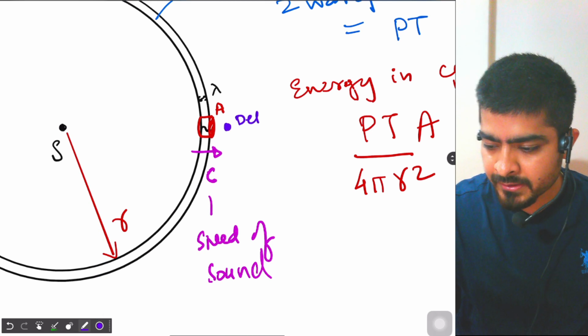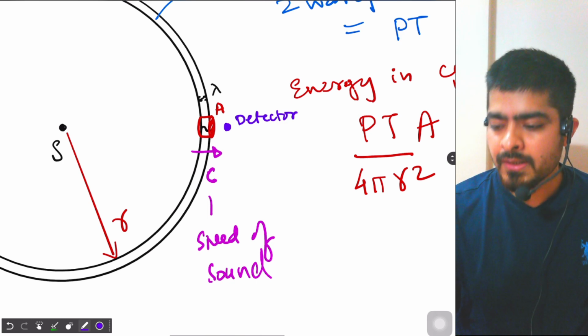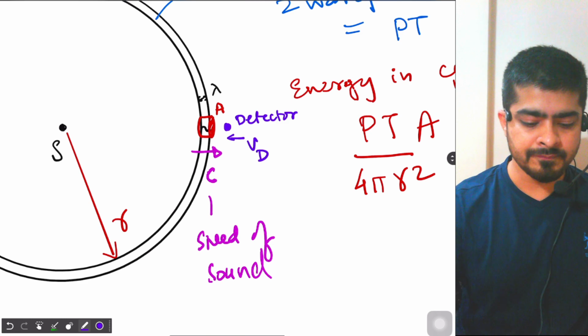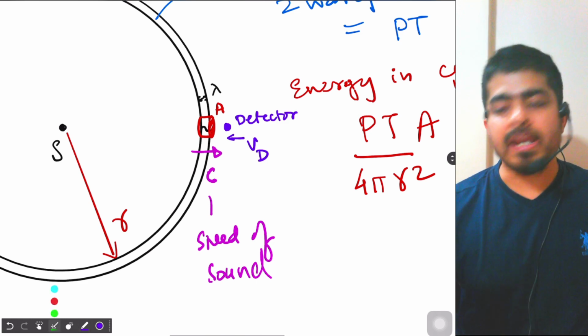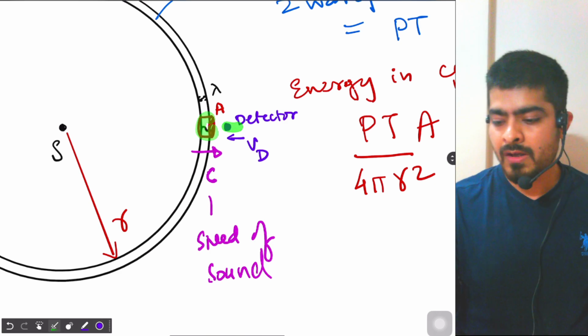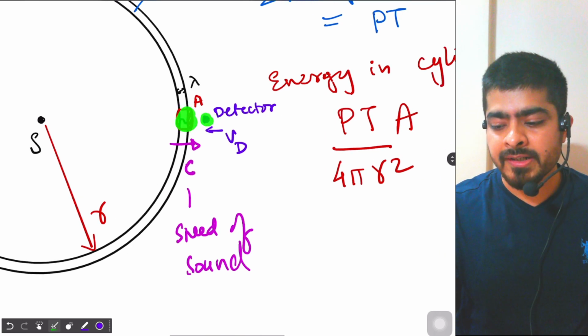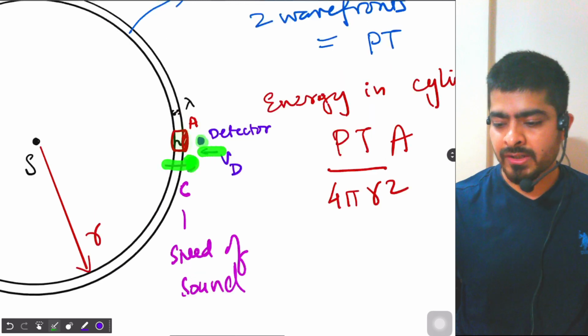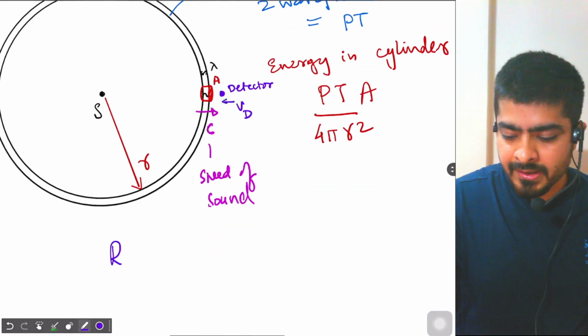This is your detector. Okay, this is coming in opposite direction with speed how much? Vd. Okay, so what is the time taken by this cylinder to cross the detector? This cylinder and the detector both are moving in opposite direction.